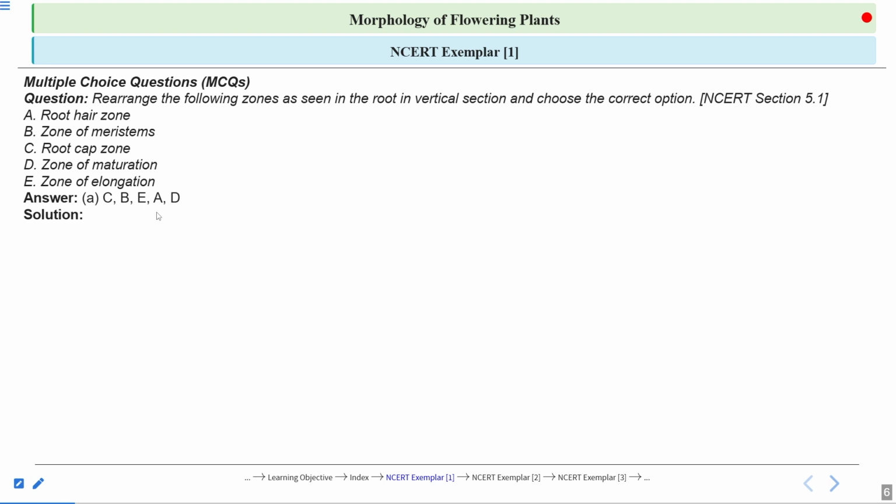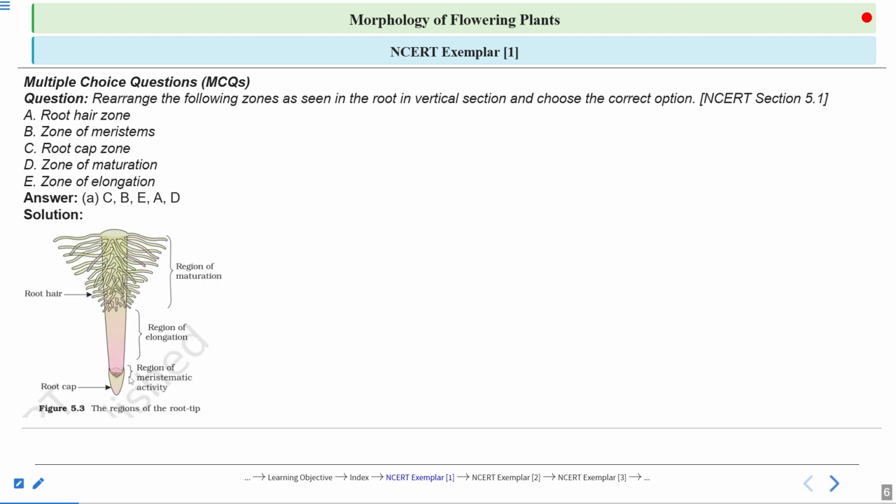Let us see that. If you see the cross section, you have to start from the lower. So the root cap, that is the root cap zone, and this is C. Then we are having the region of meristematic activity, that is the zone of meristem.